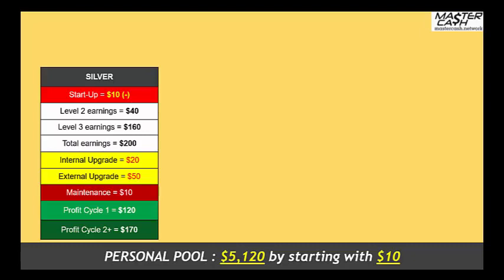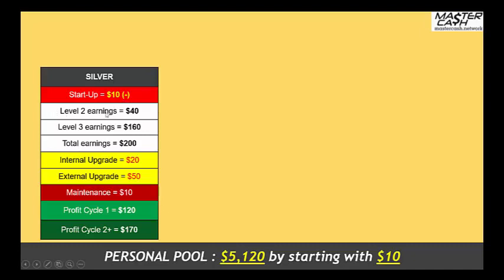But just as I was saying, in the personal pool, there are 3 matrices. We have the silver matrix, the gold matrix, and the diamond matrix. So in the silver matrix, this is how your earnings are distributed. You start up with $10, and this $10 is paid to an upline. Your earnings start from level 2, remember.